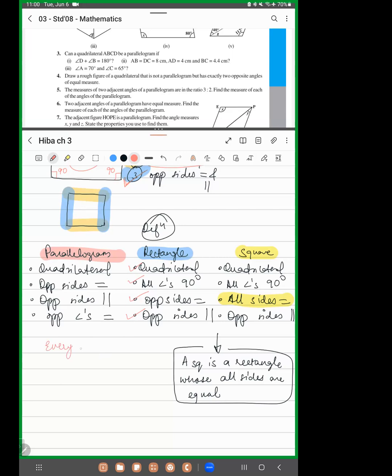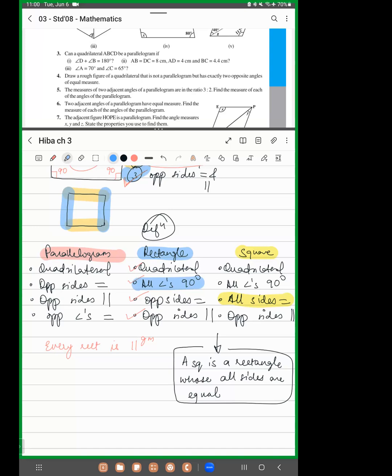Every rectangle is a parallelogram. But can we say that every parallelogram is a rectangle? No. Why? Because rectangle की definition में all angles should be 90. But सारे parallelograms तो ऐसे नहीं होते ना जिसमें सारे angles 90 हो. That is why not every parallelogram is a rectangle. Are you understanding the difference now?